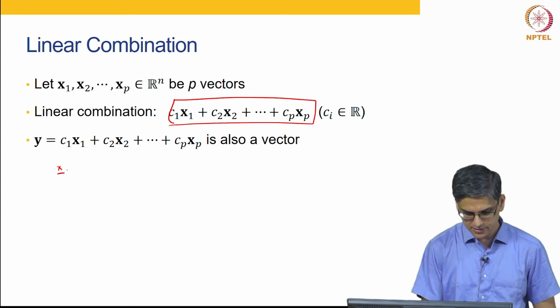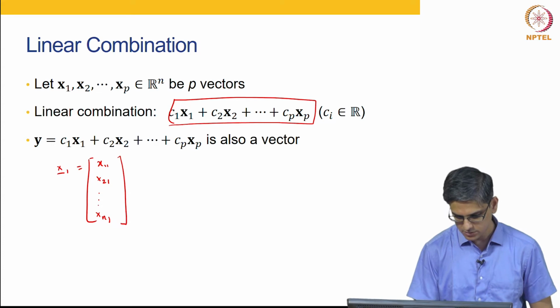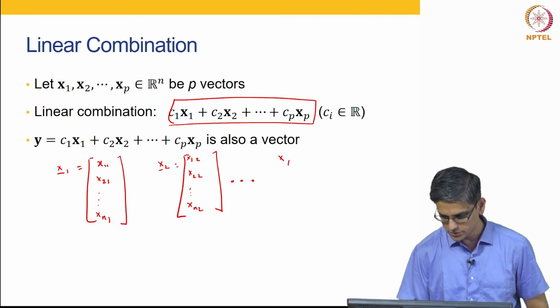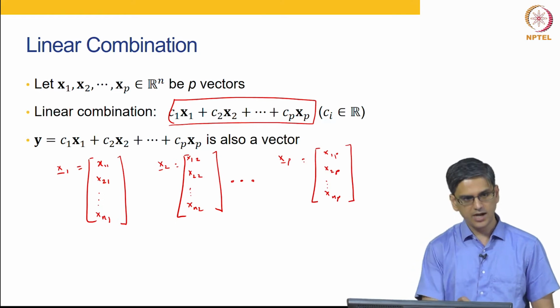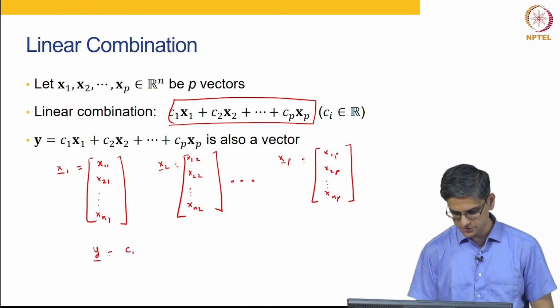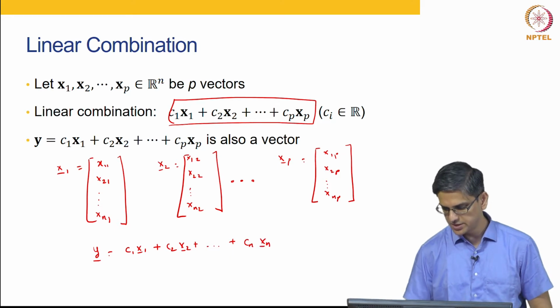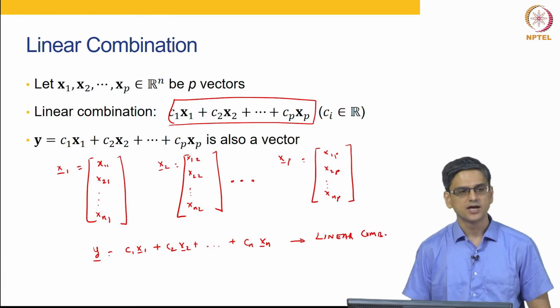So, let us say x1 bar is x11, x21 and so on up to xn1, x2 bar is x12, x22 and so on up to xn2, and so on up to xp bar, which is x1p, x2p and so on up to xnp, okay, and y bar, which is represented as c1 x1 bar plus c2 x2 bar and so on, is obtained by a linear combination, okay, and this is also a vector.